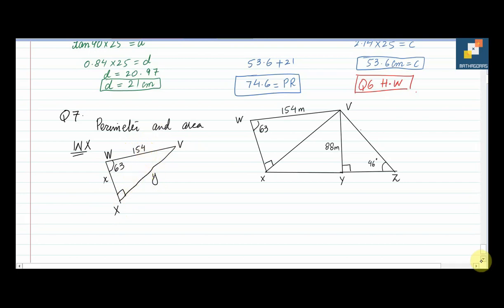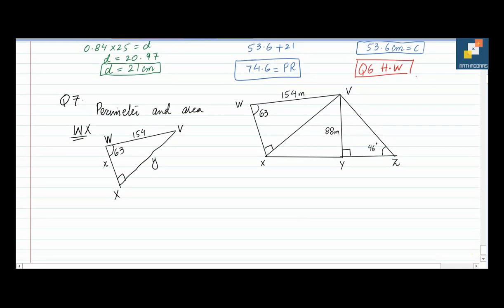So for x, if we make the theta, it's theta is 63, hypotenuse is 154, opposite is y, and adjacent is x.